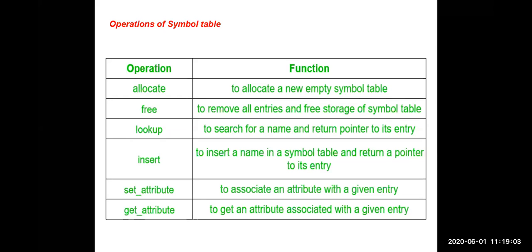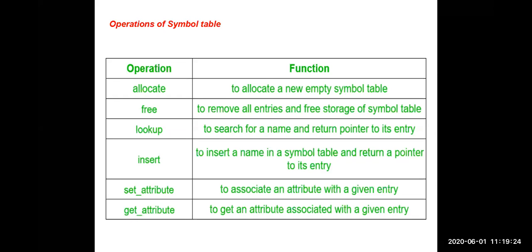What is set attribute? After an identifier is entered into the symbol table, to store the attributes of that identifier, we use set attribute. For example, one identifier is stored in the symbol table, that means one function name is stored. After that, we want to store the attributes of that function.